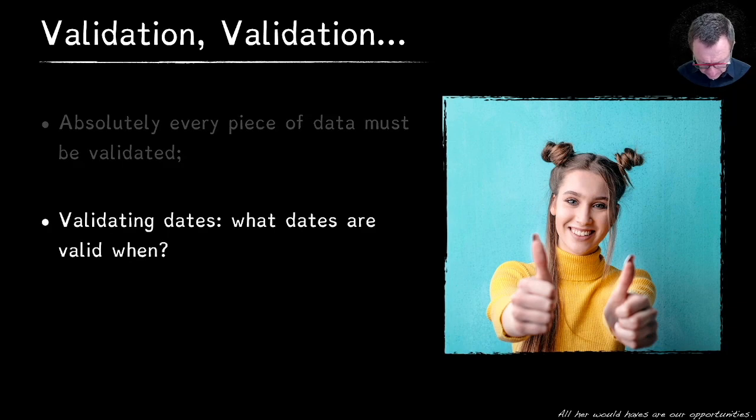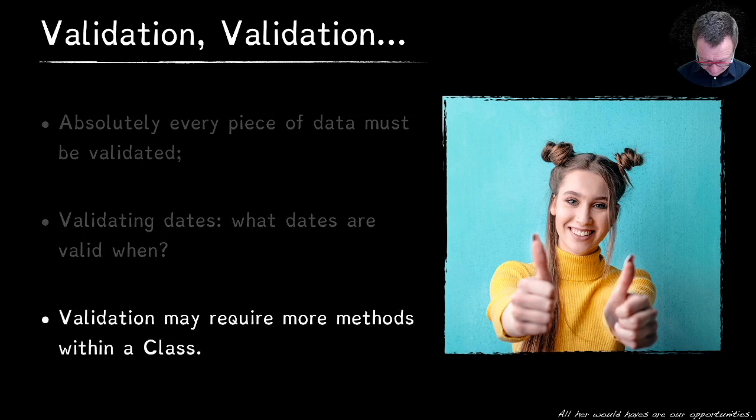When it comes to validating dates, when is a date valid? These are really important. Dates are one of the best things to practice validation on. And when we do validation, that may mean we have to create more methods within our class to actually execute the validation checks.